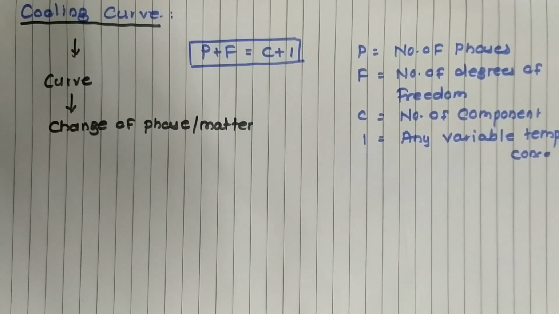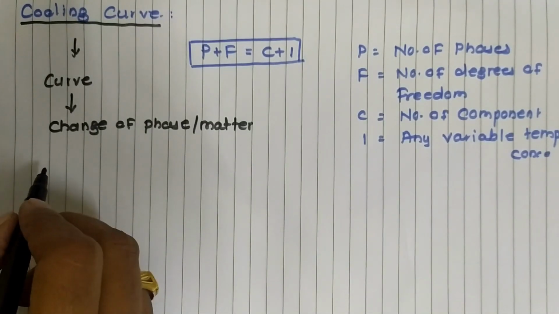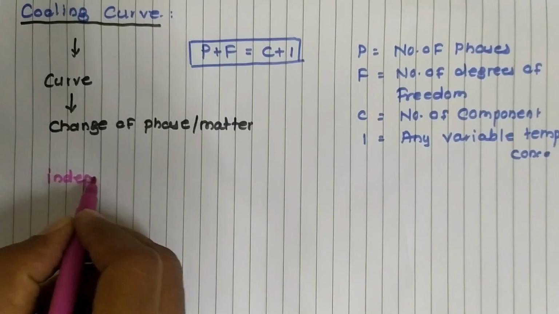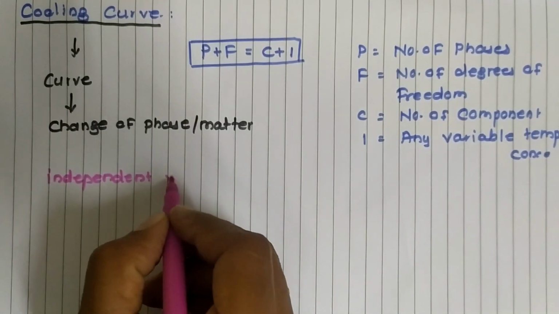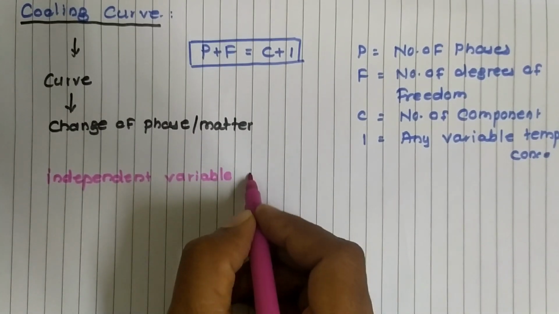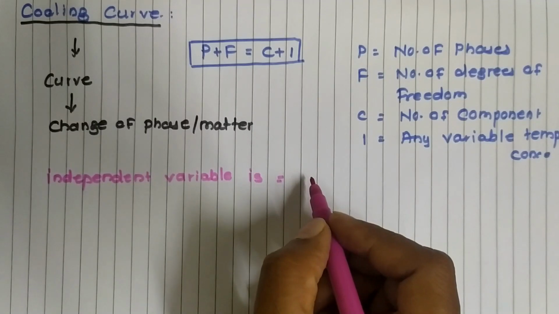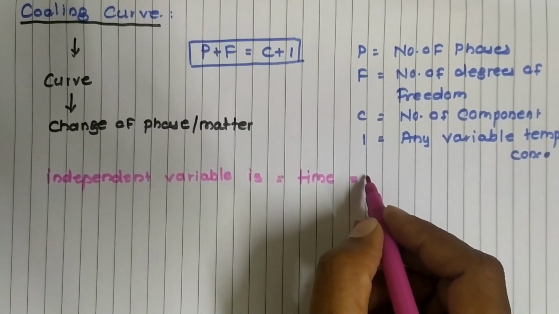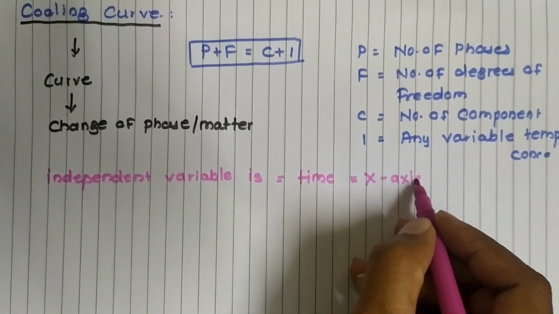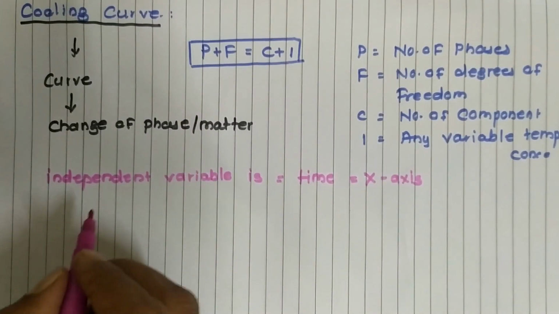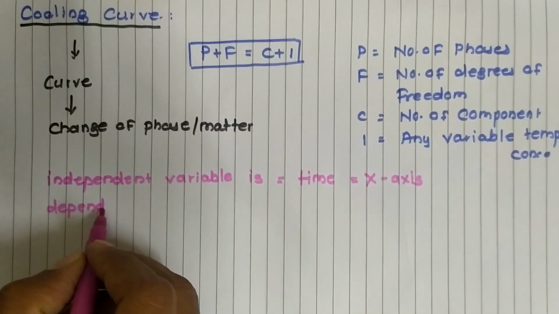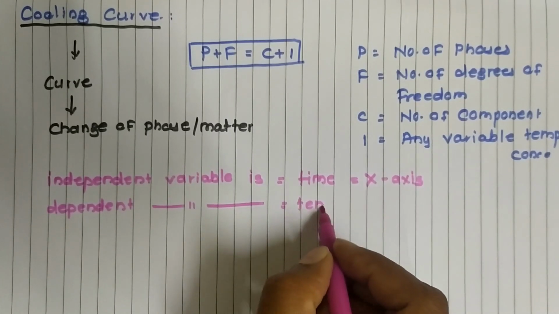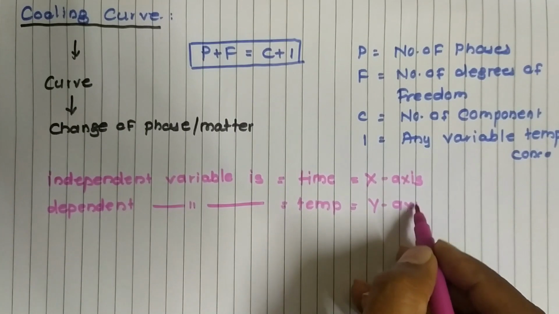And the independent variable is time, and this we are writing on the x-axis, and the dependent variable is nothing but the temperature that we are plotting on the y-axis.